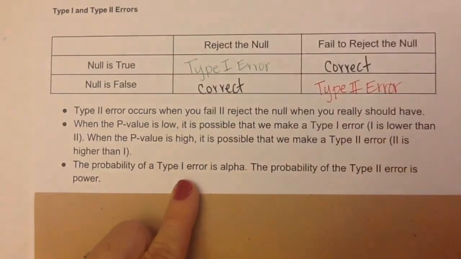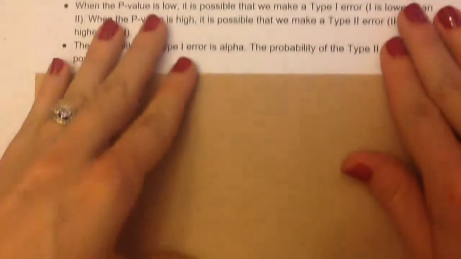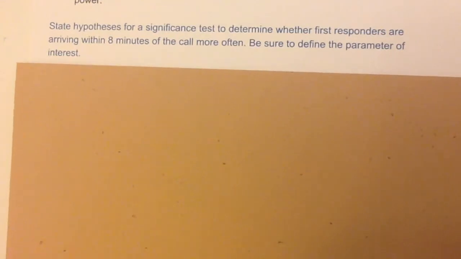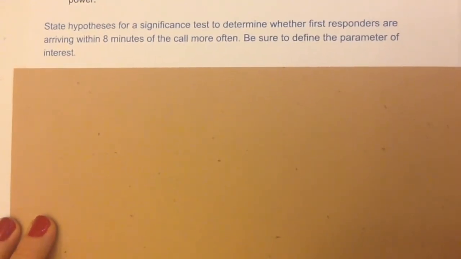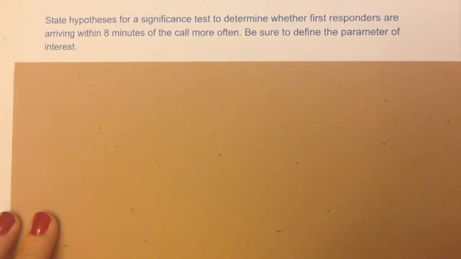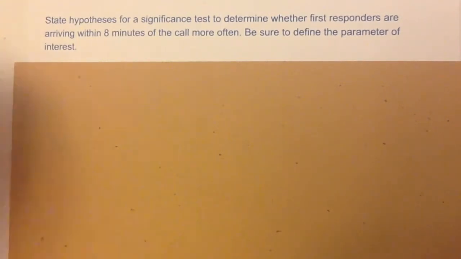So to bring this through an example, maybe help you connect to it. We're going to state the hypotheses for a significance test to determine whether first responders are arriving within 8 minutes of the call more often. Be sure to define the parameter of interest.